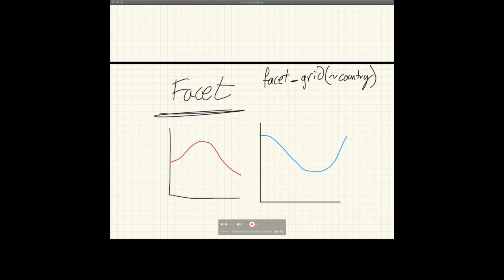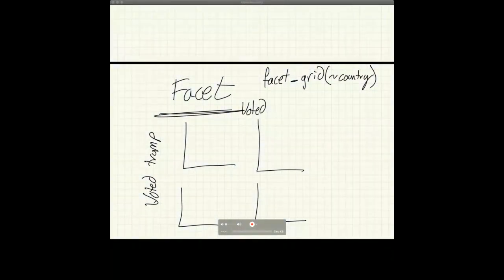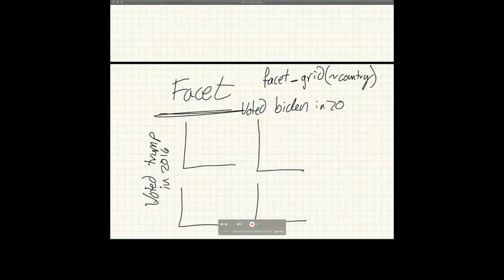Okay? I might also get a two-dimensional faceting, where I might be talking about, say, voted Trump in 2016 and voted Biden in 2020.